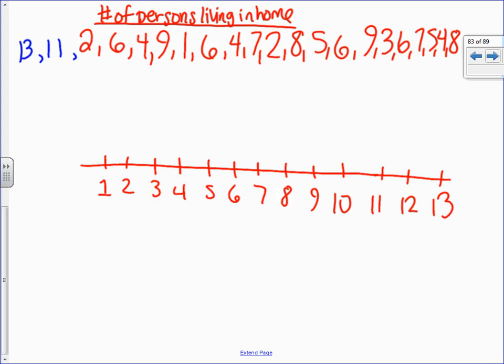I'm going to create a little dot plot. Counting 1, 2, 3, 4, 6s.